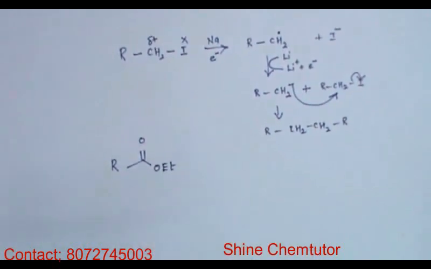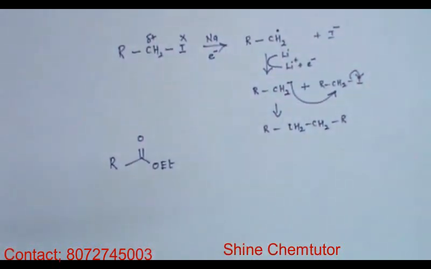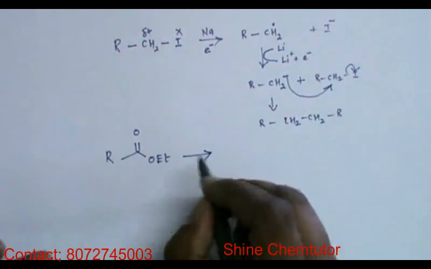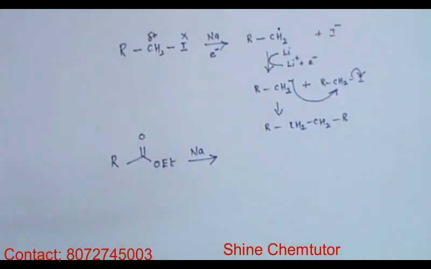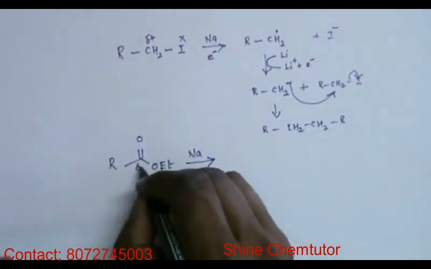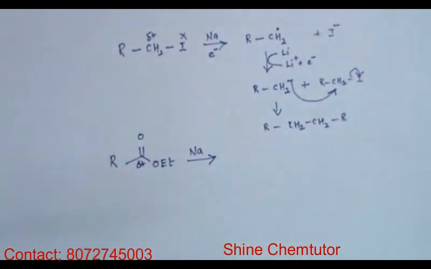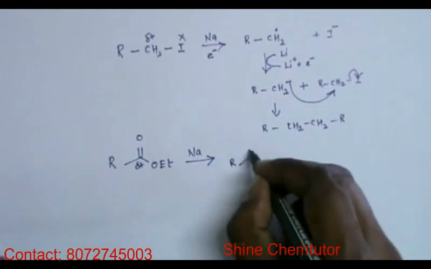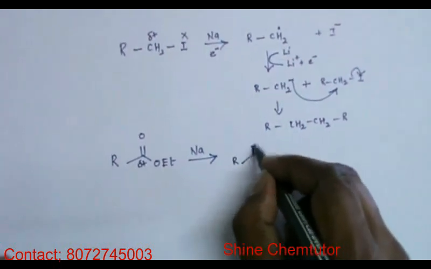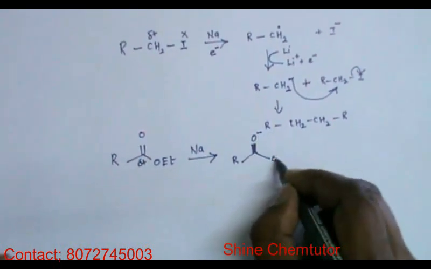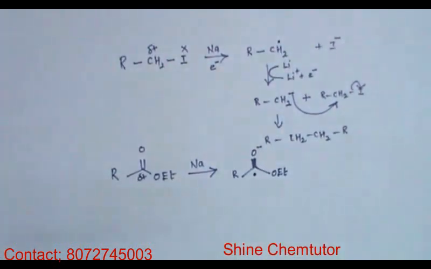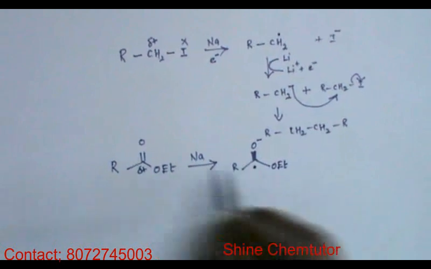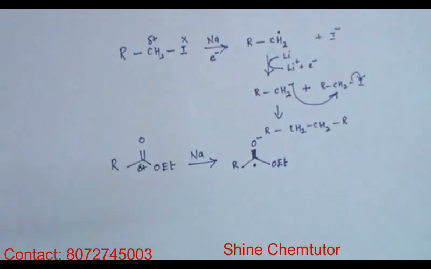I go for ester. When I go for alkali metal, say sodium, the electrophilic position in this is this carbonyl carbon. So the single electron will be delivered on this carbon. When it is delivered, this bond migrates over oxygen.